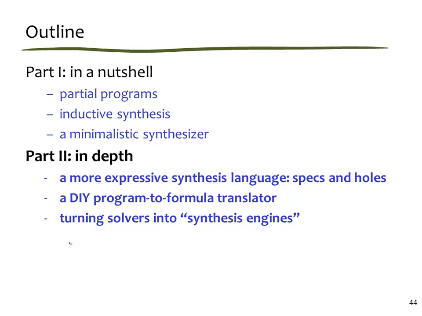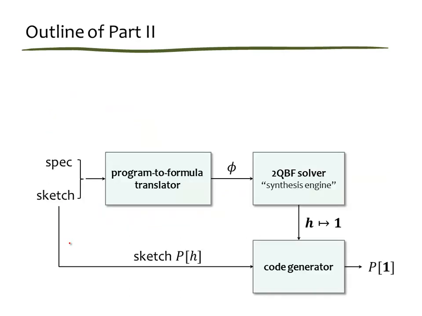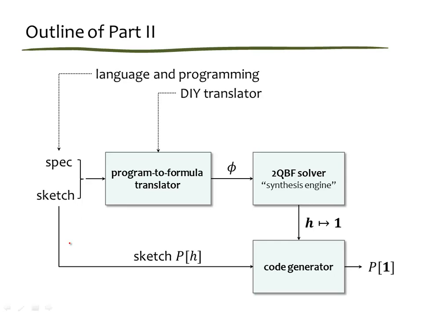Then how to write a do-it-yourself synthesizer if you do not want to use our Sketch, a big tool which has many optimizations, but is sort of a general purpose language. If you need to do synthesis in a particular setting, say in your own data flow language, how you would do that. And then how to turn solvers, satisfiability solvers, into synthesis engines, which are 2QBF solvers. So we'll talk about the language and programming, then about the translation to formulas, and about solvers.